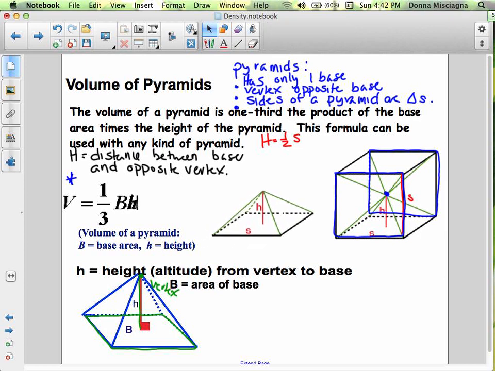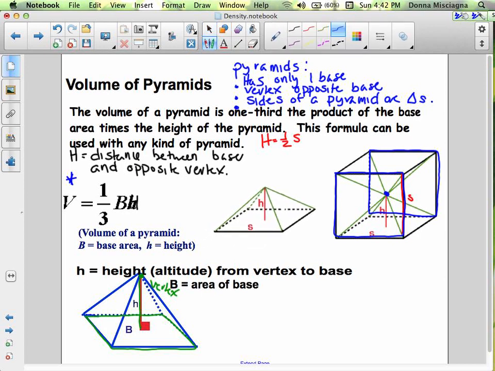So we can fit 6 pyramids, and we'll specify square pyramids, in the cube, where H is half of S. So it's half as big.